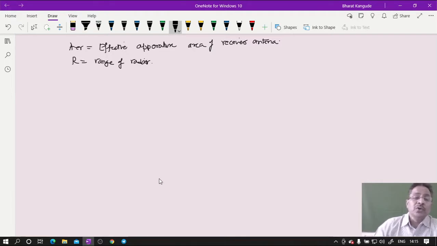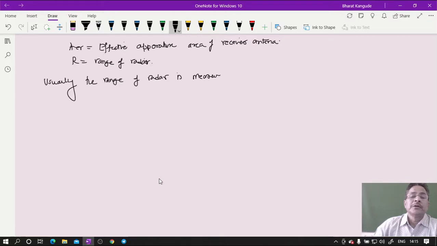Okay, now usually the range of radar is measured in, I think you might have heard this word earlier, nautical mile.